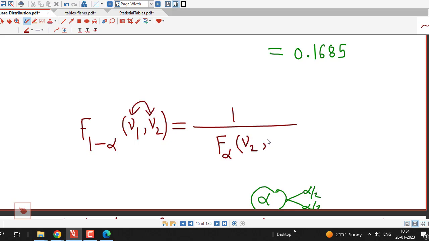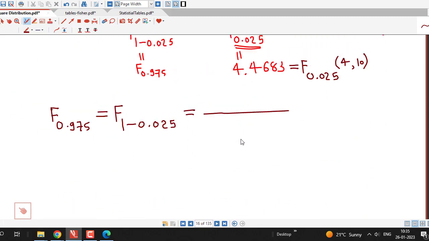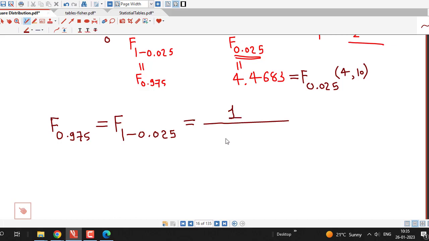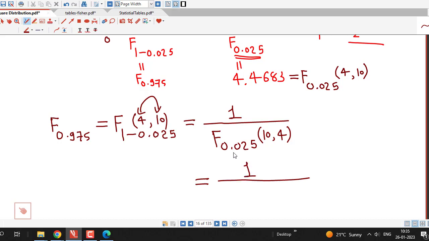So here I have nu2 and nu1, and this I will find using the F table, because F tables are given for right tail probabilities only. This is equal to 1 over F suffix 0.025. Here numerator degrees of freedom are 4, denominator degrees of freedom are 10, so we will interchange them, 10 and 4. Now I will use the F table for 2.5% level of significance with numerator degrees of freedom equal to 10 and denominator degrees of freedom equal to 4.